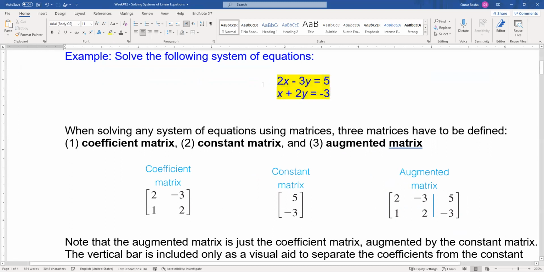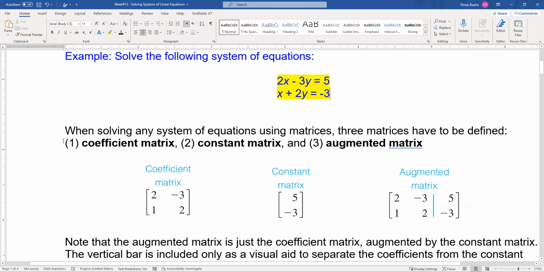So if this is the system of algebraic equations I'm referring to, this is just the coefficients put in a matrix. The first row here is 2, minus 3, which are the coefficients of the first equation. The second is 1, 2, which are the coefficients of this equation here, right?